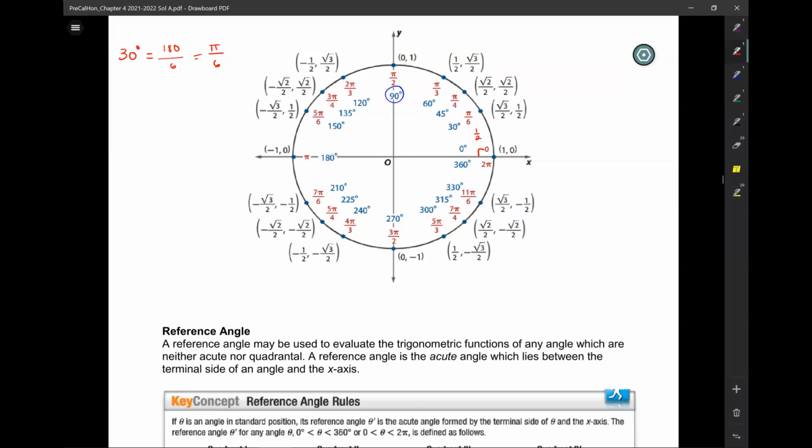You see how I do it in my head? 60 degrees, I think to myself, what would I have to do to 180 to get 60? What would I have to divide by? 3. Since 180 is pi, I would have to divide pi by 3 in order to get 60. Okay? 45 degrees. What do I need to divide 180 by in order to get 45? 4. So that's pi over 4. Okay?